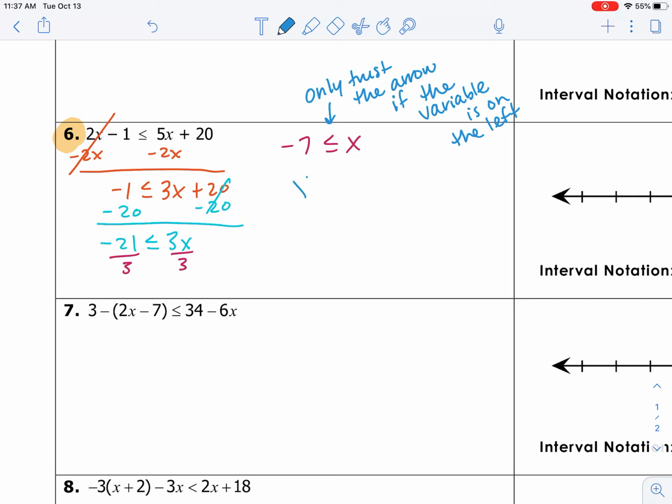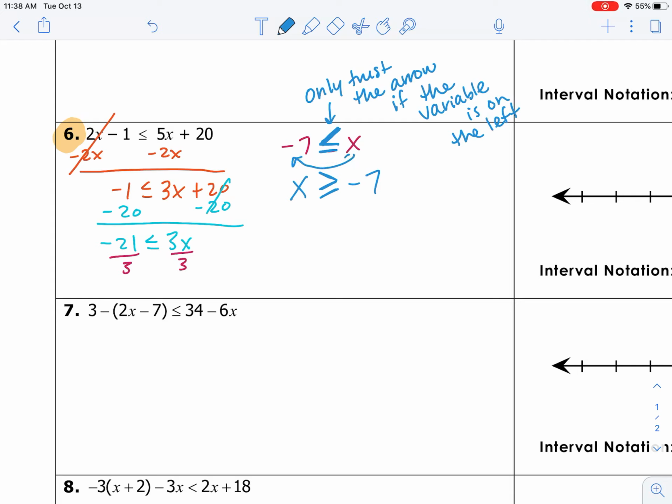So to switch it, I need to put x over here and negative 7 over here. But you don't want to lose how the inequality affects the problem. You see how the arrow is pointing towards negative 7. I want to rewrite it and keep it so that the arrow is pointing towards negative 7.